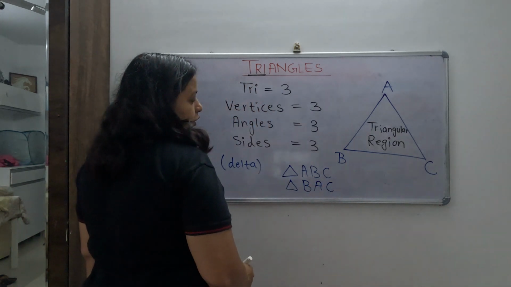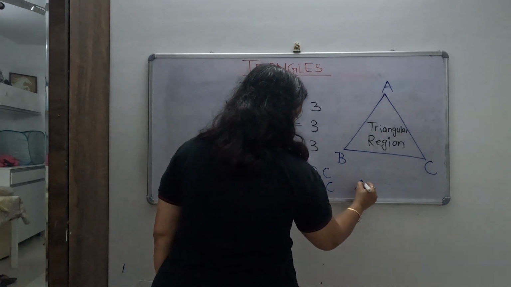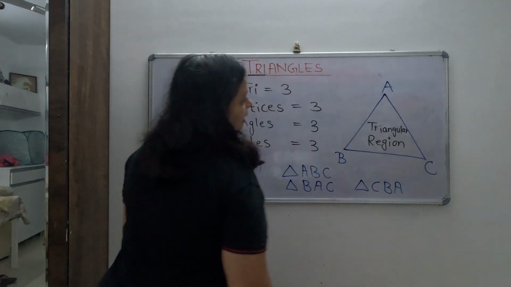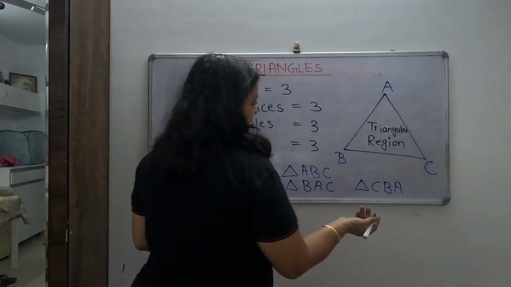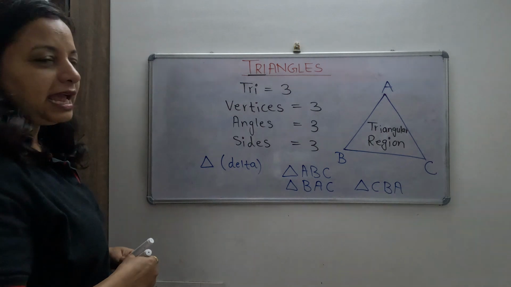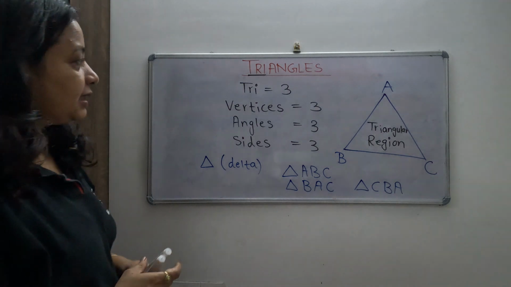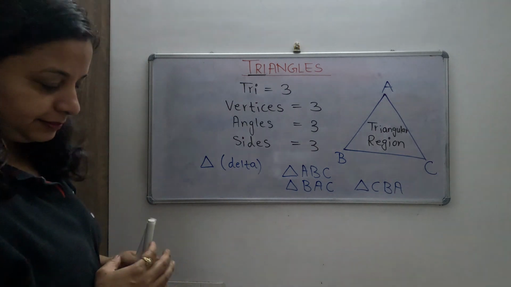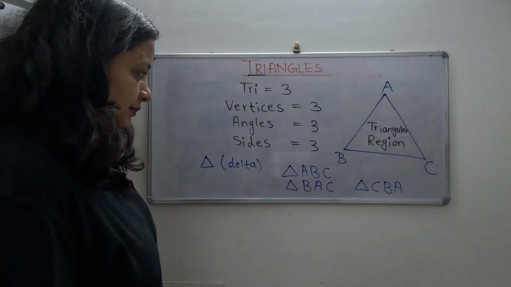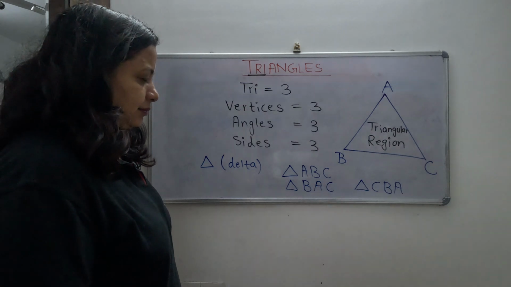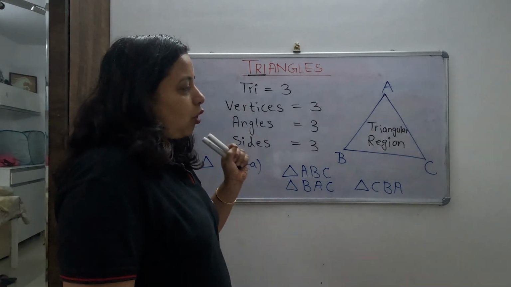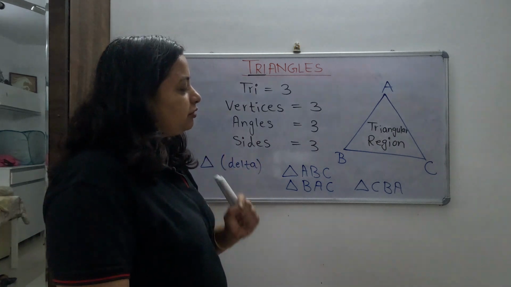BAC. Or you can write it triangle CBA. So you can read it in any way. What about BAB? Can you read it BAB? No. You should use all 3 alphabets in your triangle.